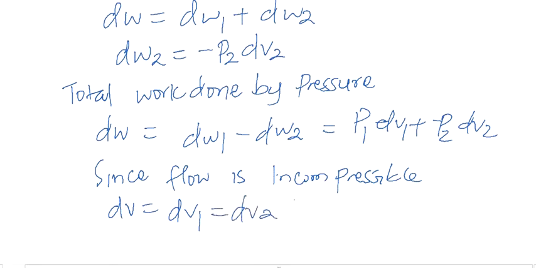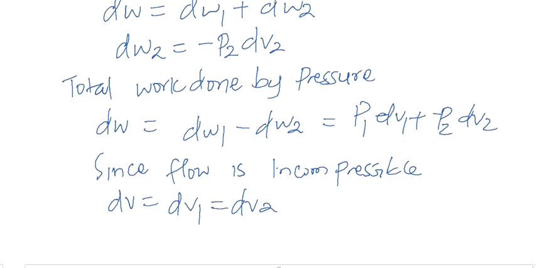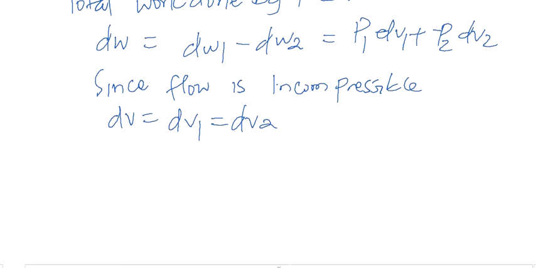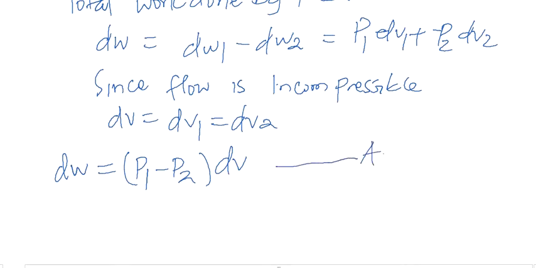The volume of the mass at point 1 remains constant from point 1 to point 2, and therefore substituting that in the equation above, W is equal to (P1 minus P2) dV. Let us call this equation A.